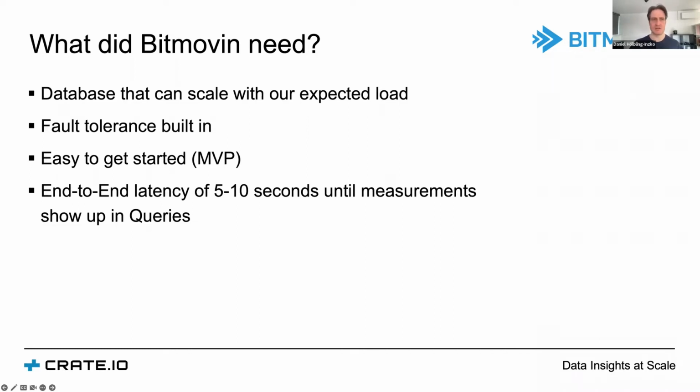We also needed fault tolerance. You can't run a software as a service business and have outages during restarts or something like that. So that was a big thing that we really tested: how stable is this, how much load can it cope with, and does it get us to what we want, which was also being real time.